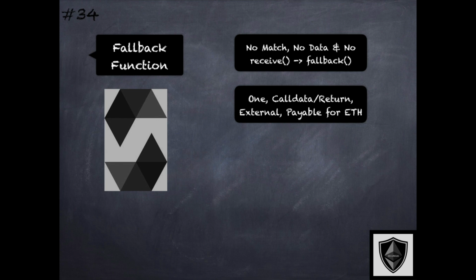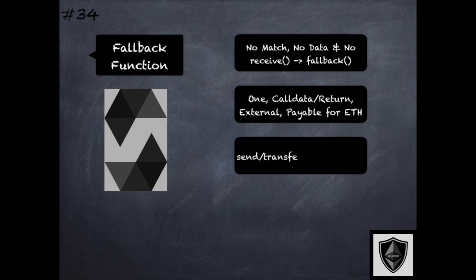Similar to the receive function, there can be only one fallback function for every contract. However, this fallback function can receive data and can also return data if required. The visibility is external, and if the fallback function is meant to receive ether, then it needs to use the payable specifier.